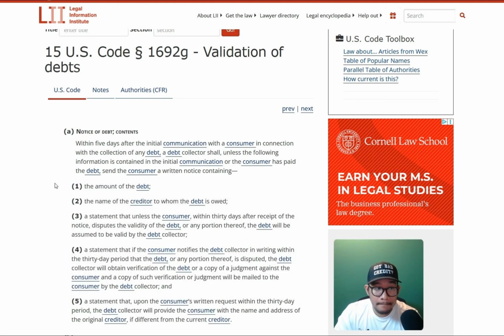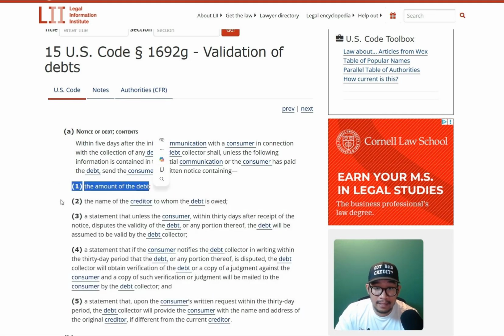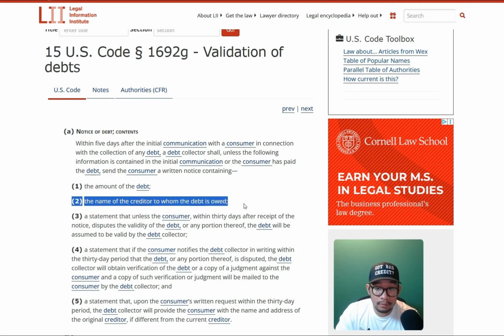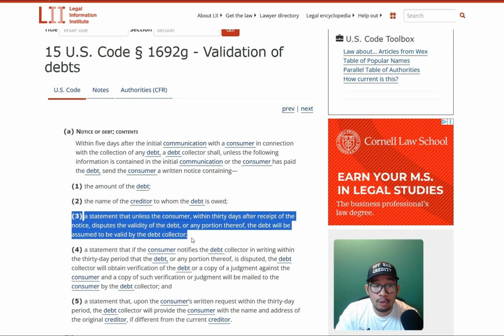Okay? That notice has to include these 5 things. So we talked about the amount of debt, the name of the original creditor to whom the debt is owed, and 3, a statement explaining that you have 30 days after receiving the notice to dispute the debt.